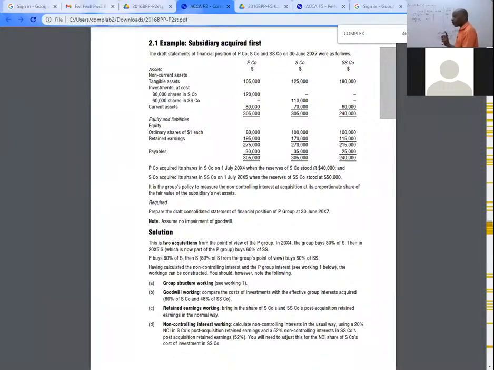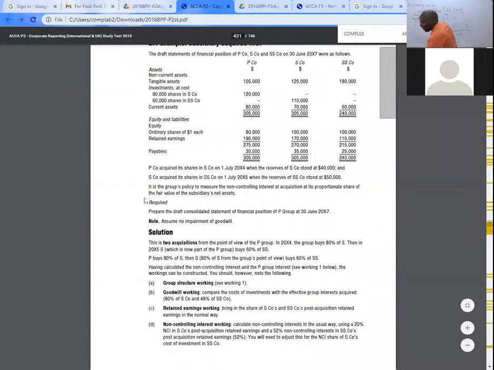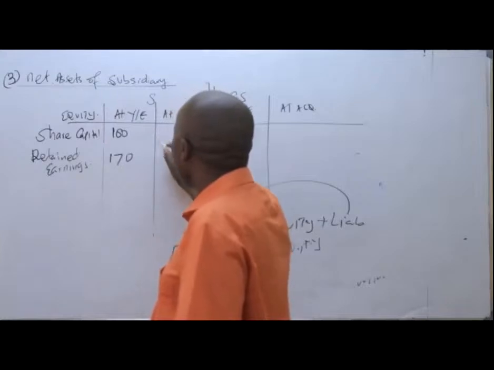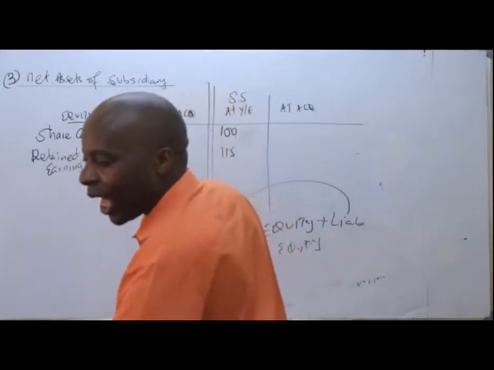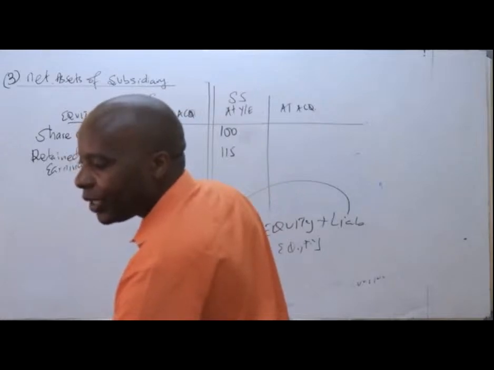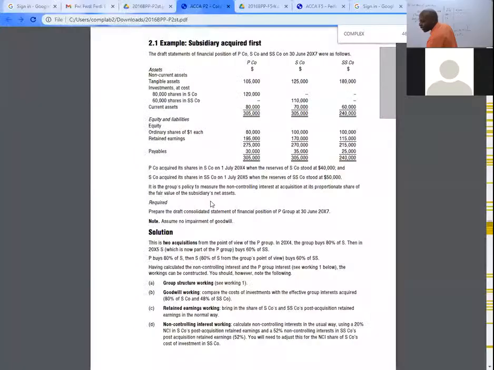Retained earnings at acquisition for S is 40. How about retained earnings at acquisition for SS? We are told that S company acquired this when the reserves were 50. So at acquisition, 50.